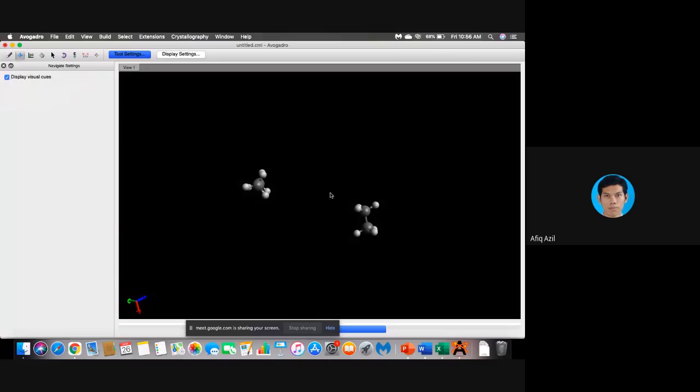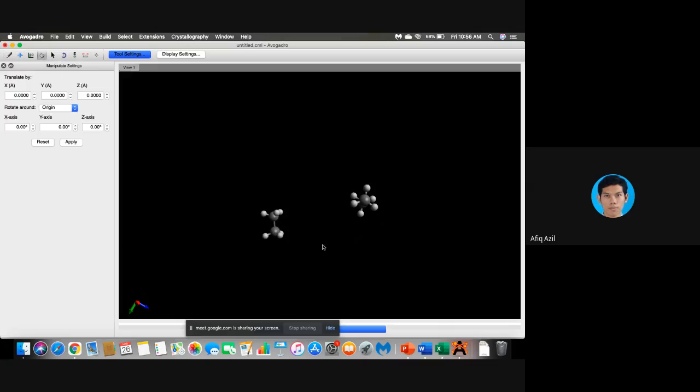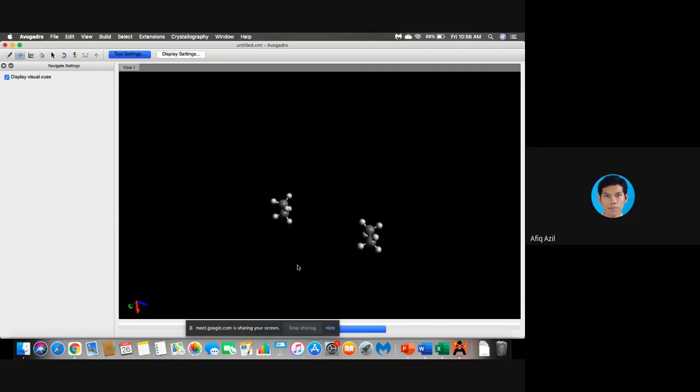So this is from the earlier one. This is the staggered conformation. While for this one, if you look, the difference is all of the hydrogen on the front carbon and also on the back carbon are overlapping.